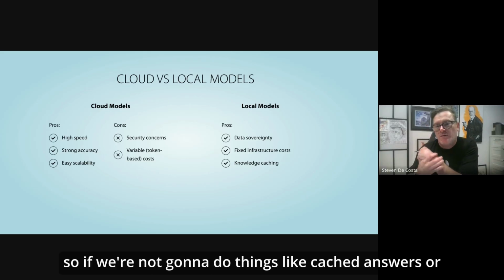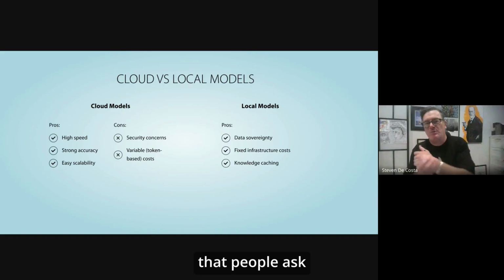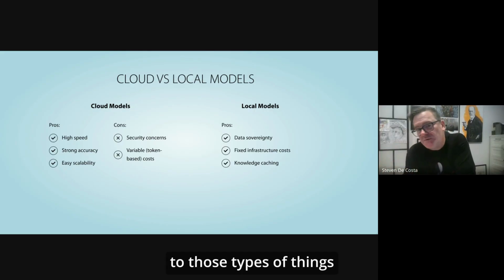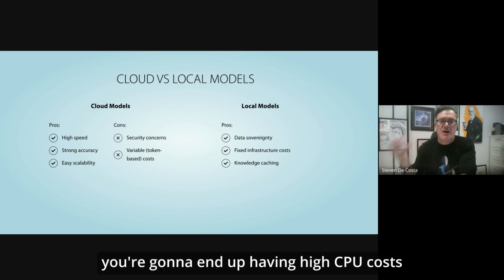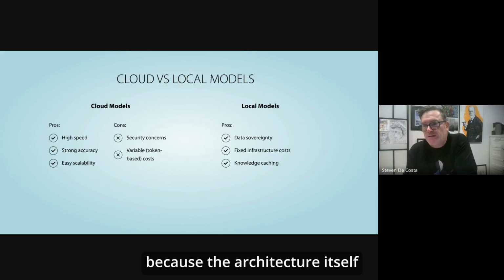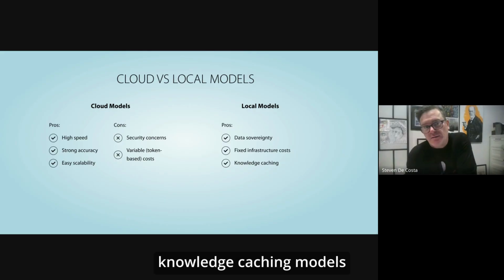If we're not going to do things like cached answers, or a second-stage statistical delivery that matches the types of questions people ask to previously AI-rendered answers, if you're not doing those sorts of optimizations, you're going to end up having high CPU costs. You won't necessarily need those high CPU costs, because you would want to optimize the architecture itself to do these sorts of knowledge caching models.